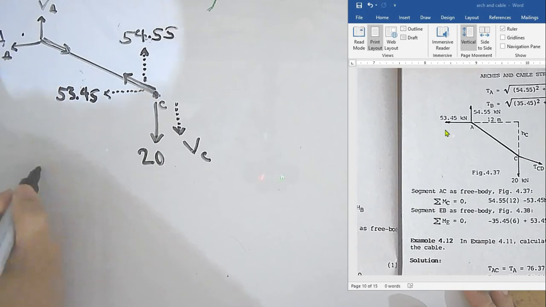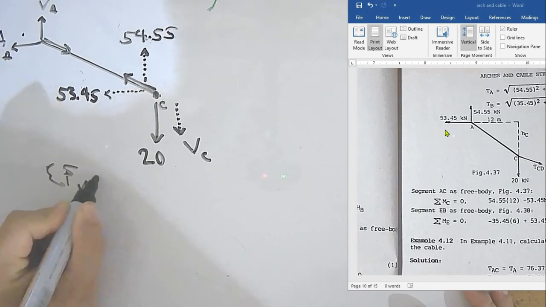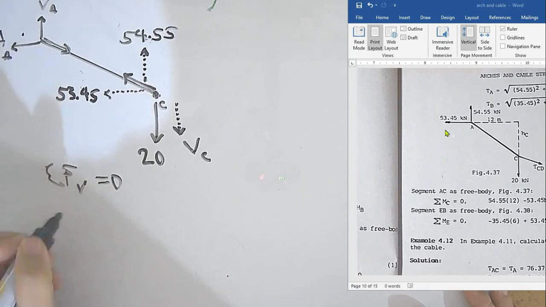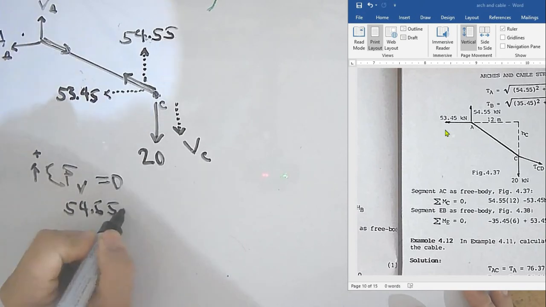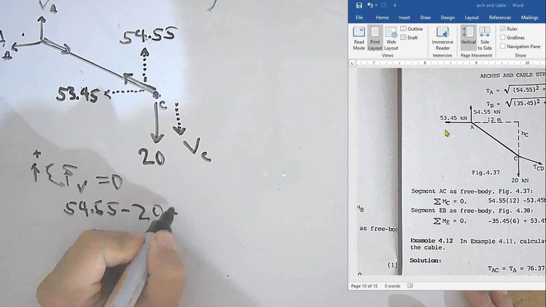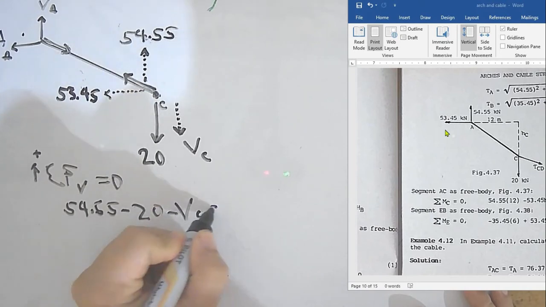Okay, so, summation forces vertical equal to 0. Meaning, upwards as positive. So, 54.55 minus 20 minus VC is equal to 0.